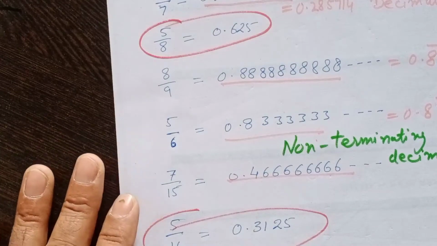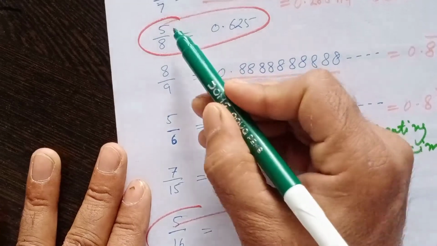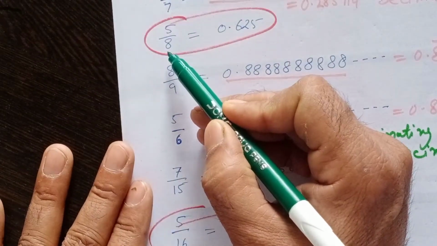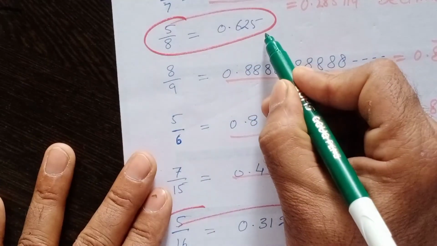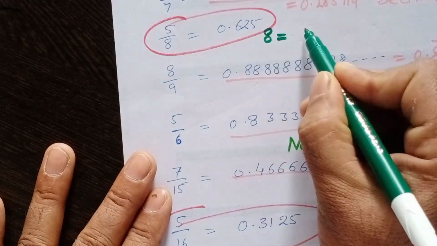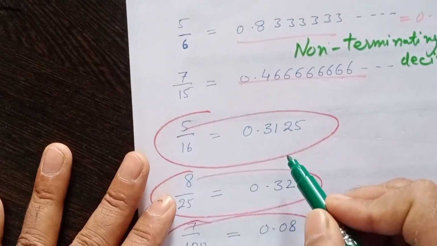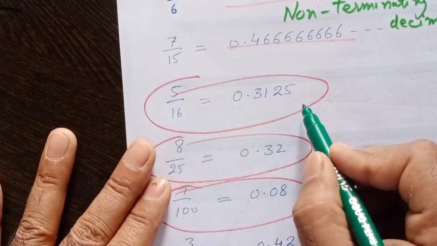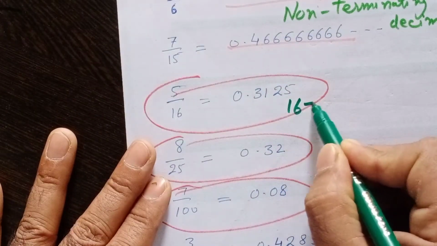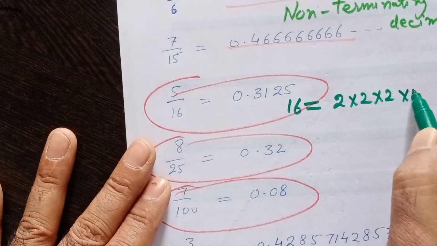See, here we are dividing 5 by 8. So if you take the prime factors of 8, they are 2 into 2 into 2. Let us consider the next terminating decimal, 16. The factors of 16 are 2 into 2 into 2 into 2.